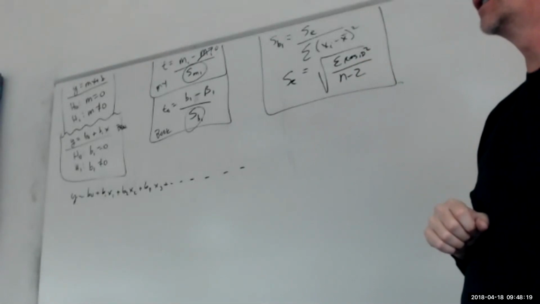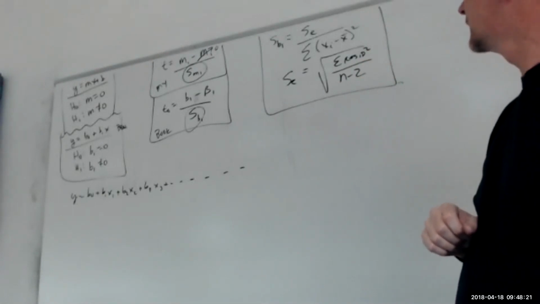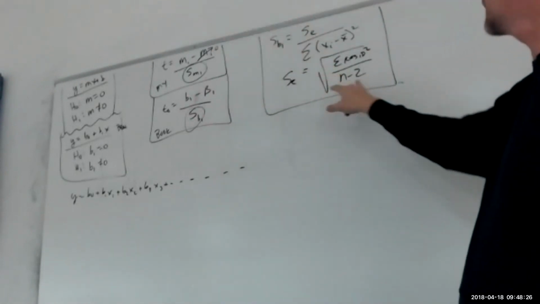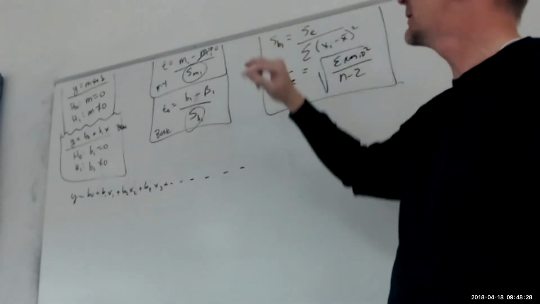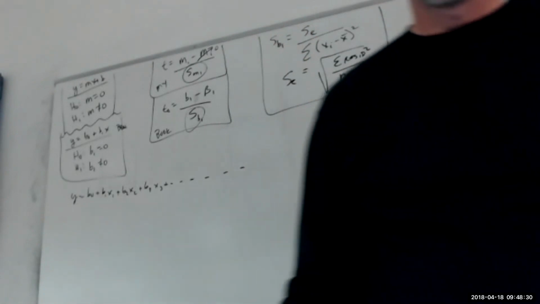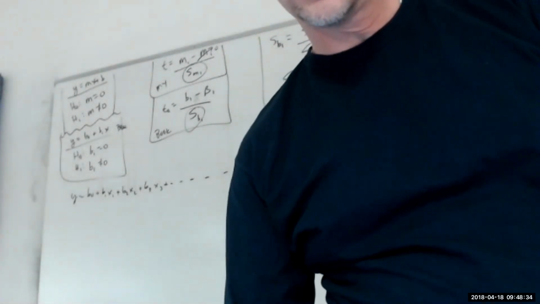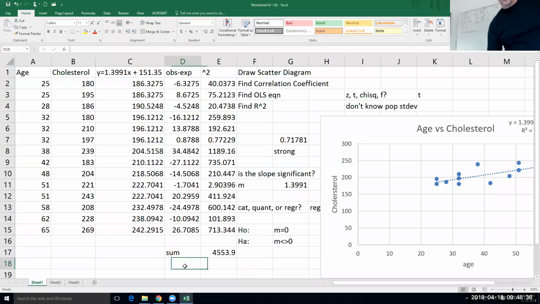All right. So, here, this is actually easy enough. We're about out of time, so we'll do the S sub B tomorrow, okay? All I have to do now is take this number and divide by n minus 2. What's my n in this case?